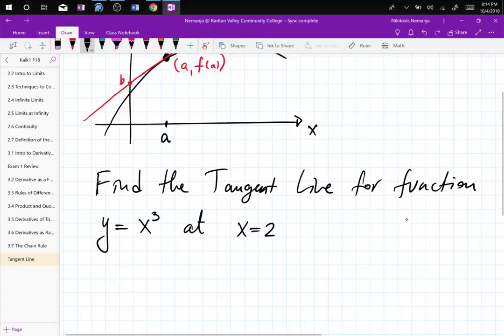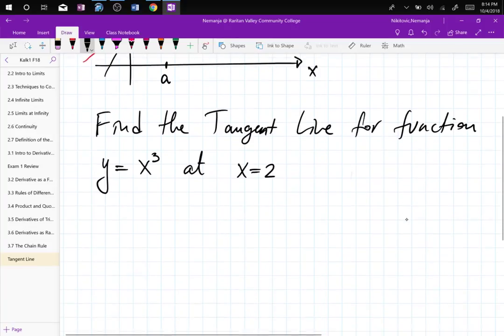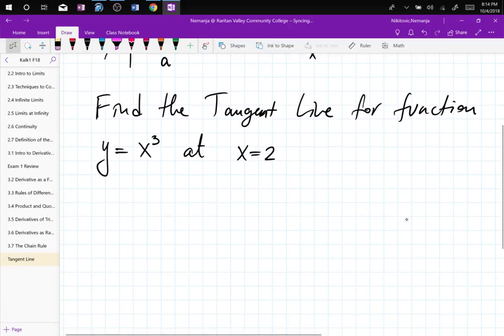The procedure that you are going to see now is the same procedure for every single problem. Just one single procedure. The thing that is going to differ from problem to problem is your derivative, because it will depend on the function which type of derivative technique you have to use.